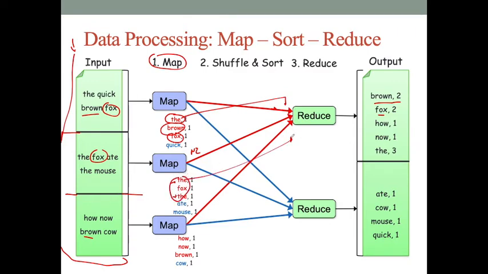Although, let's say that the first n keys are going to be for this reducer, and the other ones are going to be for this second reducer.